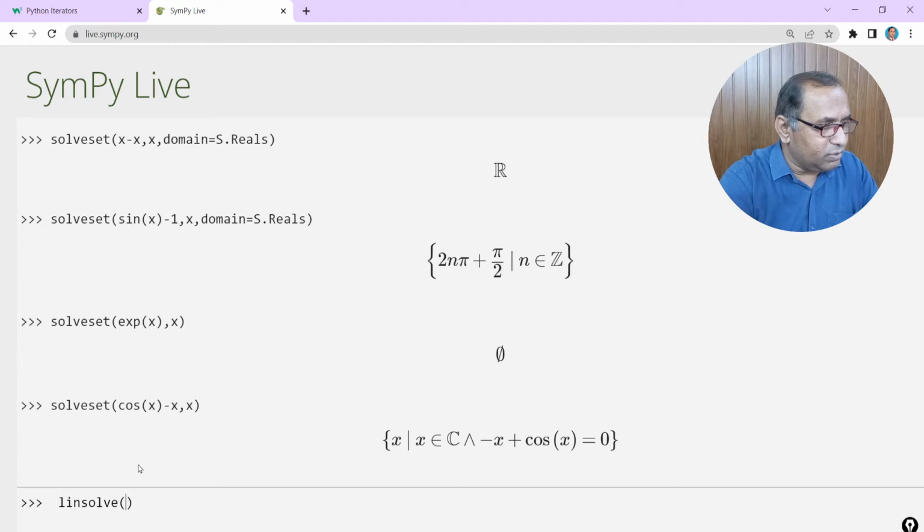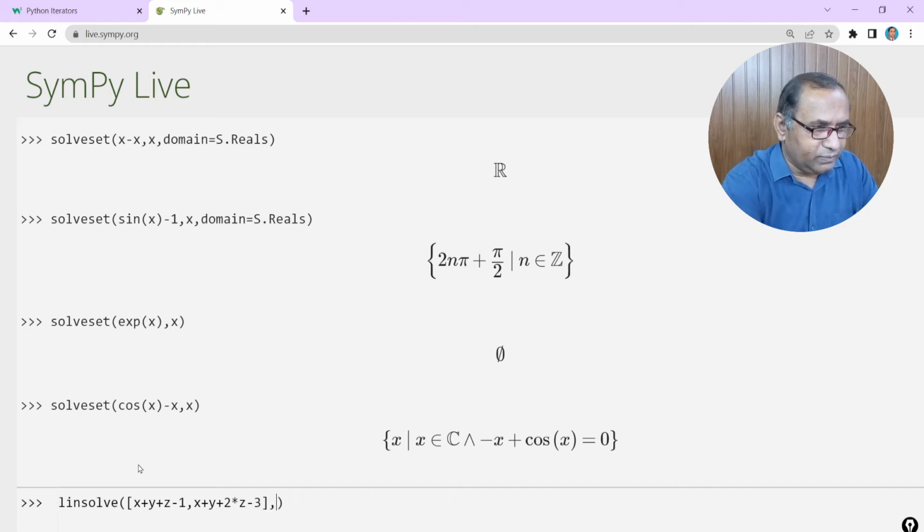We want to solve the system of equations. We have the first equation, which is x plus y plus z minus 1, and the second equation, which is x plus y plus 2z minus 3 equal to 0.